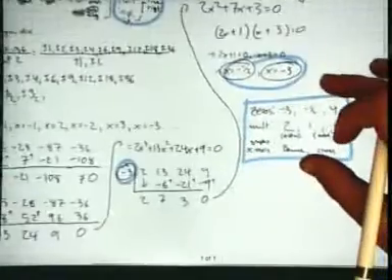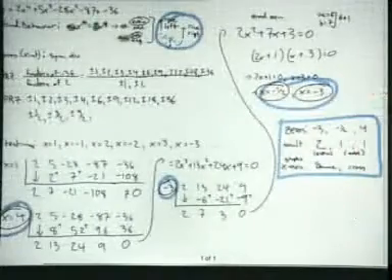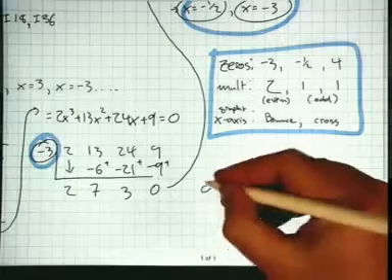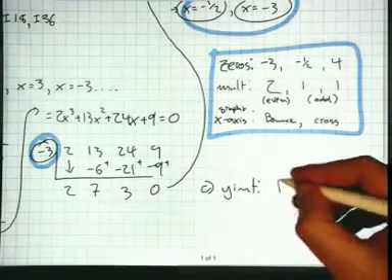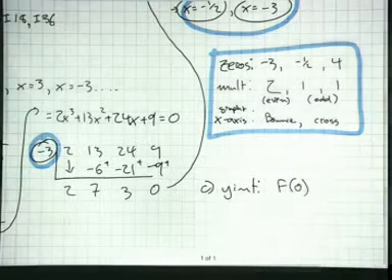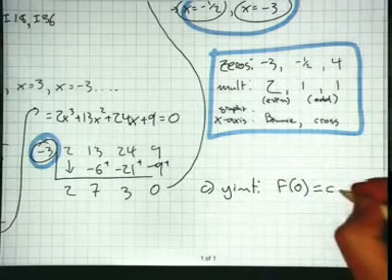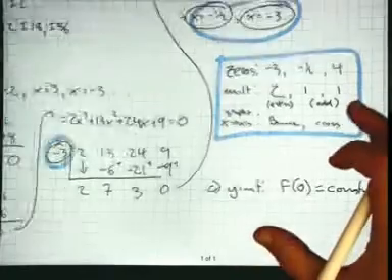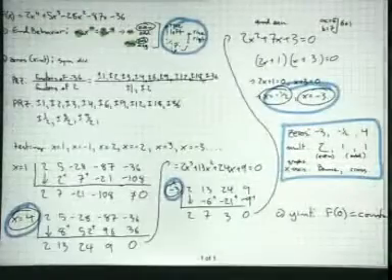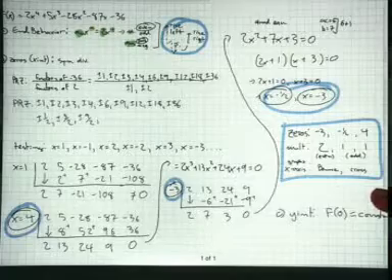The next thing I want to know is what is the y-intercept. So we'll call this part C. What is the y-intercept? The y-intercept is always found by evaluating f at 0, which is always going to be equal to your constant. You plug in 0 into your function and it's going to equal your constant.